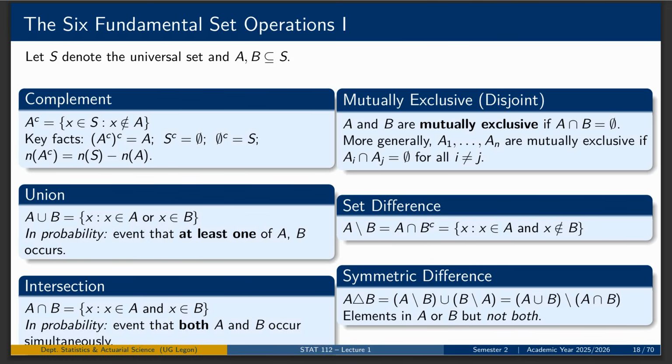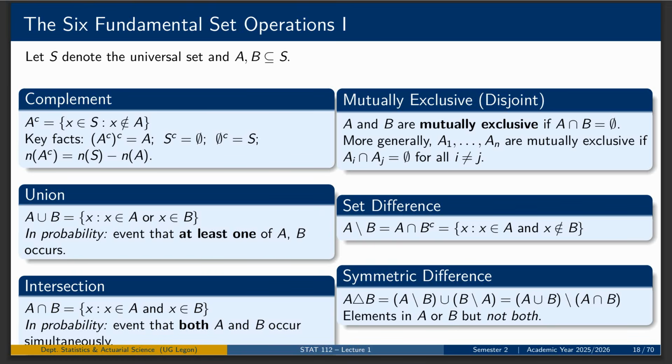We say that A complement is the set of x belonging to S such that each of these x is not in A. For example, I throw a die. The sample space is 1, 2, 3, 4, 5, 6. If A is even numbers, then the set A complement will be odd numbers, which are all numbers belonging to S which are not even numbers. So that's what this means.